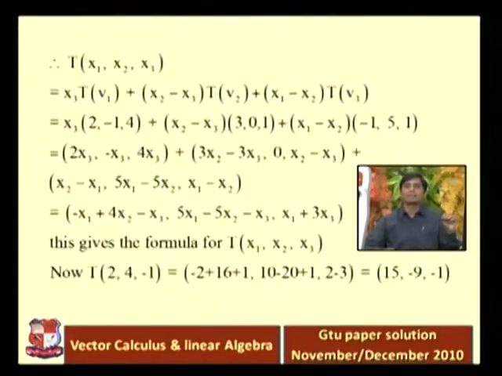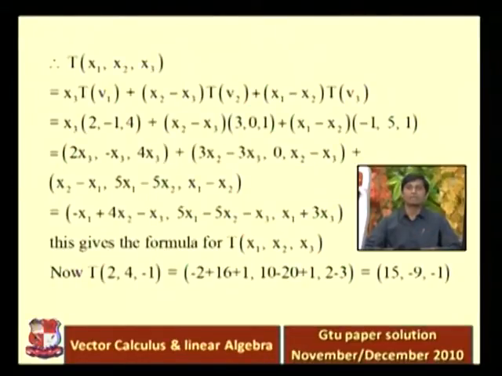Just multiply x3 into the first vector, so 2x3, minus x3, 4x3, plus, now multiply (x2 minus x3) into the second vector (3, 0, 1), so you will get 3x2 minus 3x3, then 0, then x2 minus x3, plus multiply (x1 minus x2) into (-1, 5, 1), so you will get x2 minus x1, then 5x1 minus 5x2, then x1 minus x2.